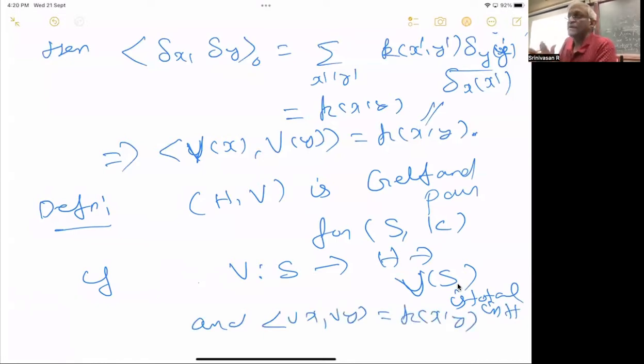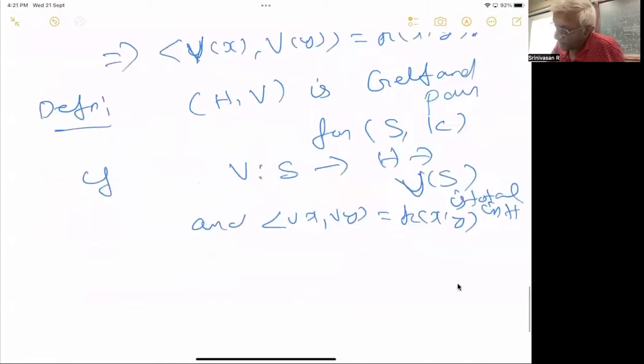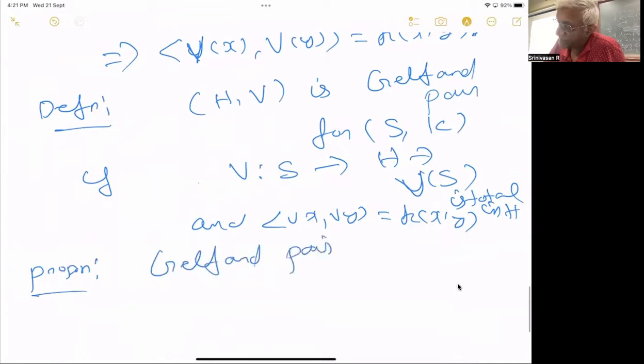We have constructed one, but any such thing satisfying this is called a Gelfand pair. Now the proposition is that the Gelfand pair is unique. For that, we will use the unitary lemma on the board.